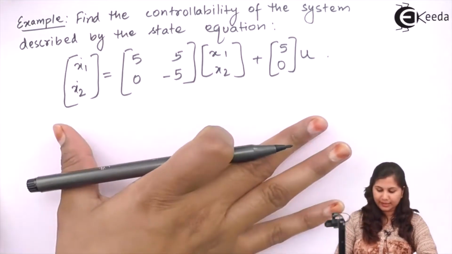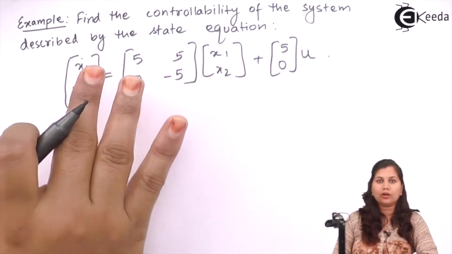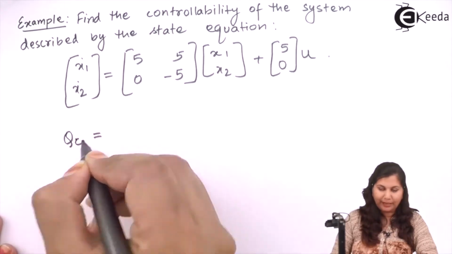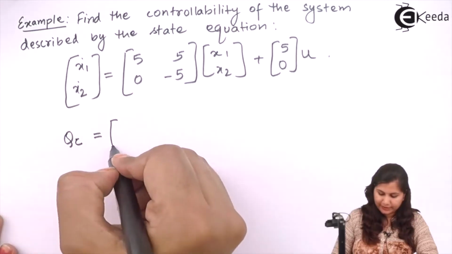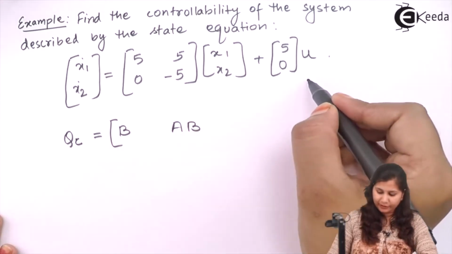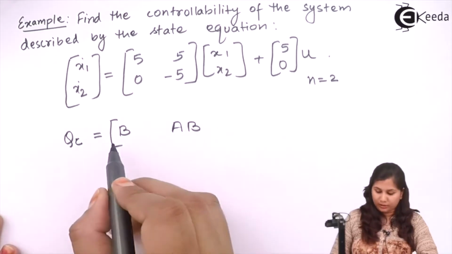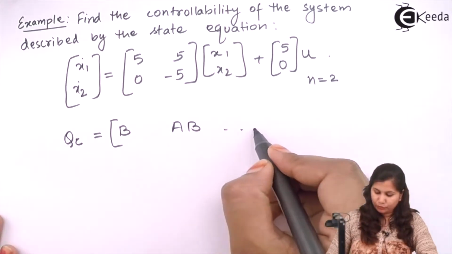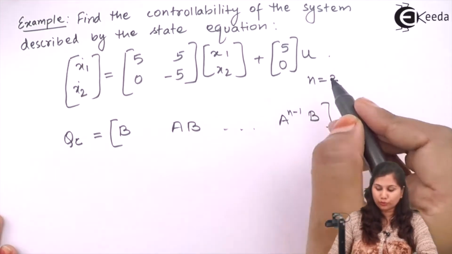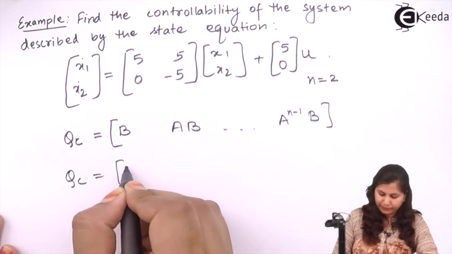We are given the state equation of the system and we have to find out whether the system is controllable or not. For controllability, we have the matrix QC. We have to determine this matrix and it is given by B, AB. Here we have n equals 2 state variables, because the matrix goes up to A^(n-1) B. So here n equals 2, 2 minus 1 is 1. So we are going to calculate up till B, AB.